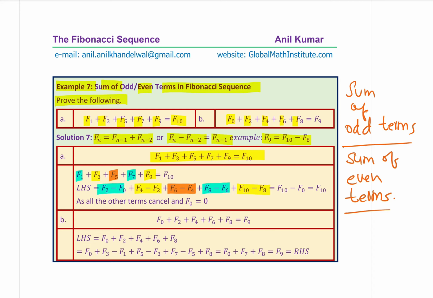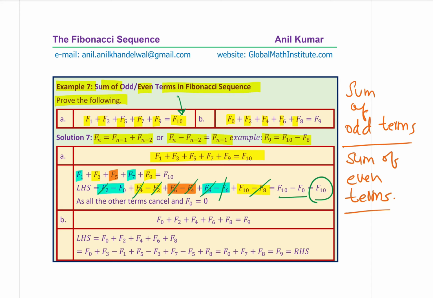As soon as you write that, you can notice that many of the terms cancel away. For example, f8 cancels with minus f8, right? Similarly, f6, which is with a minus sign, cancels with the positive one, and f4 cancels, f2 also cancels. So likewise, you cancel these terms, and what you're left with is f10 and f0. f0 is 0, right? And therefore, the answer is f10, and that is how you can show this.